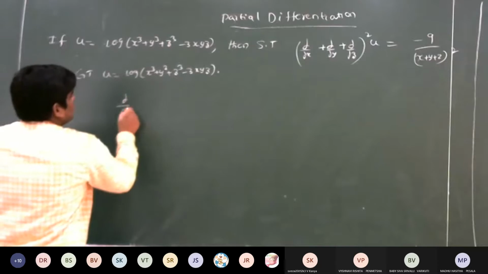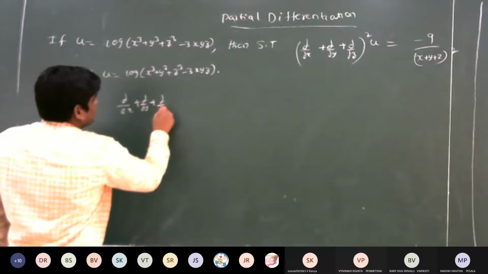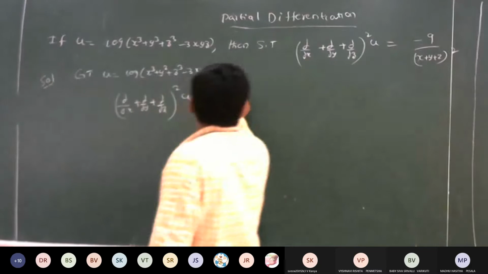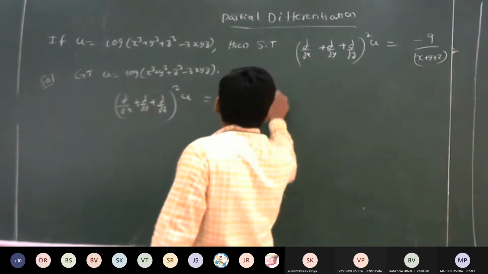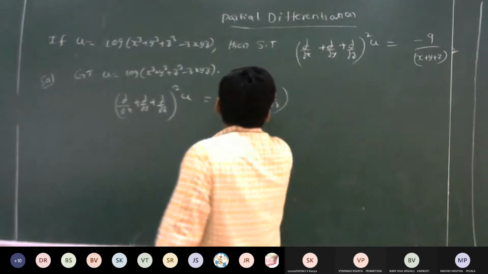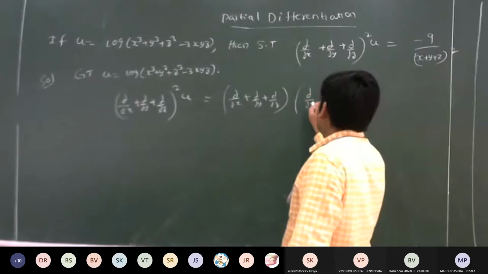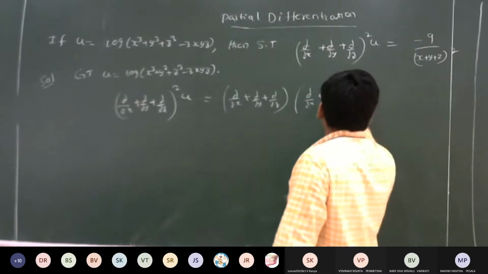So we can solve this one in a simple manner. Consider (dou by dou x plus dou by dou y plus dou by dou z) whole square into u. I can write it as (dou by dou x plus dou by dou y plus dou by dou z) into (dou by dou x plus dou by dou y plus dou by dou z) into u.